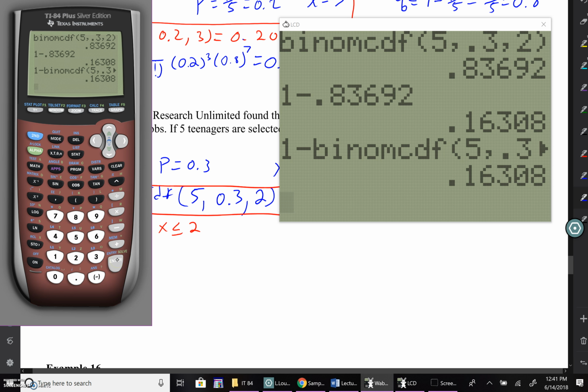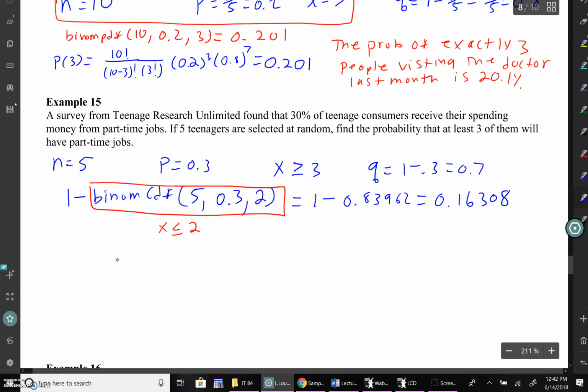So you have the option to put the 1 minus before you go find the binom CDF. And then it'll be the correct answer right away. Either way you want to do it. Did everyone get that answer? Yeah? For a cumulative amount, so finding something that's not an exact amount. And, yeah?